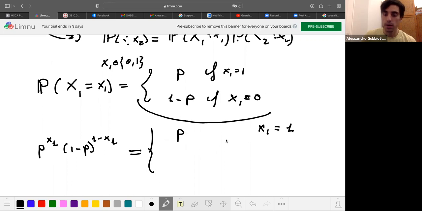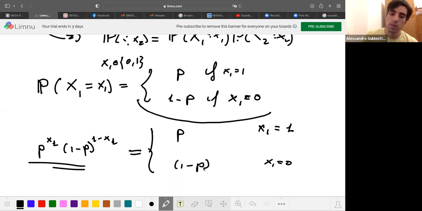So you see that if little x1 is equal to 1, the expression on the left-hand side is equal to p. While if we substitute x1 equal to 0, p to the power 0 is 1, and 1 minus p to the power 1 is 1 minus p. So this is equal to 1 minus p, which is exactly as the above expression.